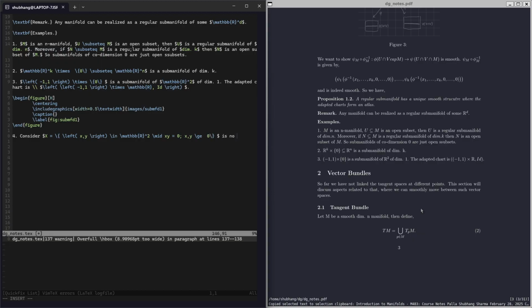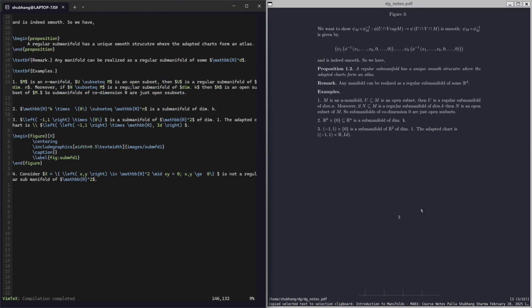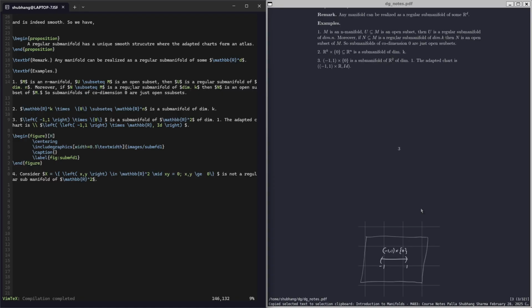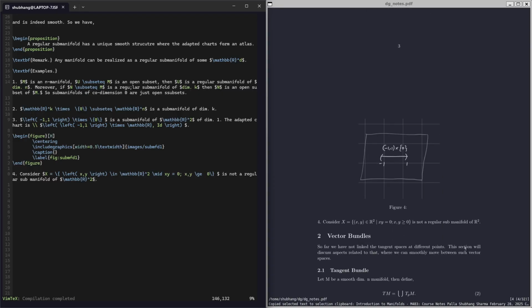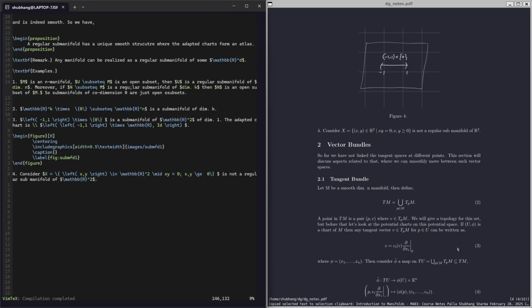This is not a regular submanifold of R^2. Why is it so?